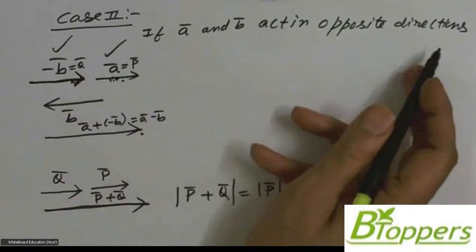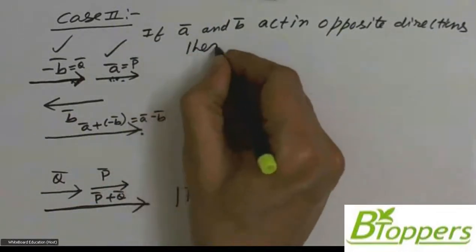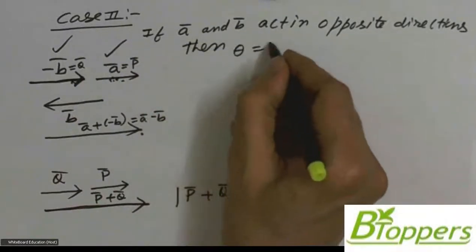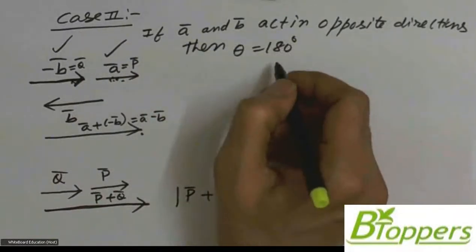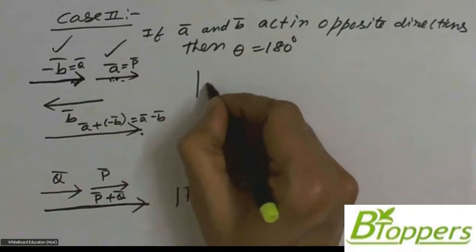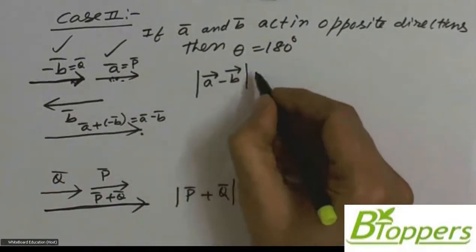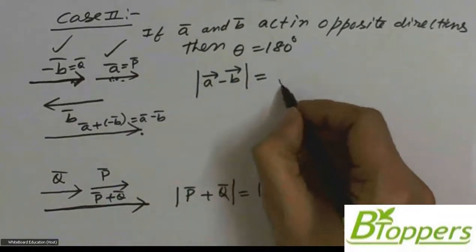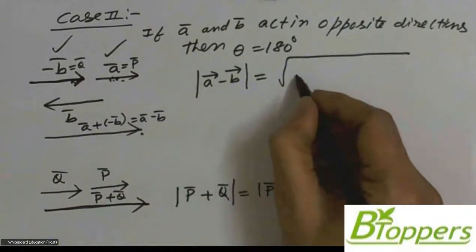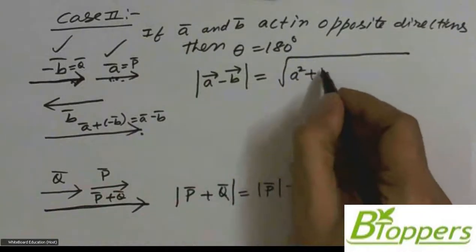So if a bar and b bar act in the opposite direction, then you can take the angle theta between a bar and b bar as 180 degrees. And you can substitute this value of the angle theta in the expression for the magnitude of the resultant of two vectors.